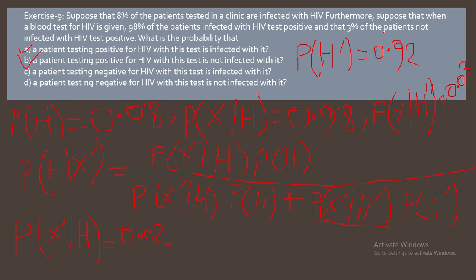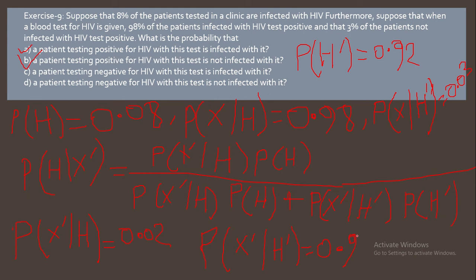That means the rest, 97%, of patients who are not infected with HIV are tested negative. So P of X prime given H prime is 0.97, right?